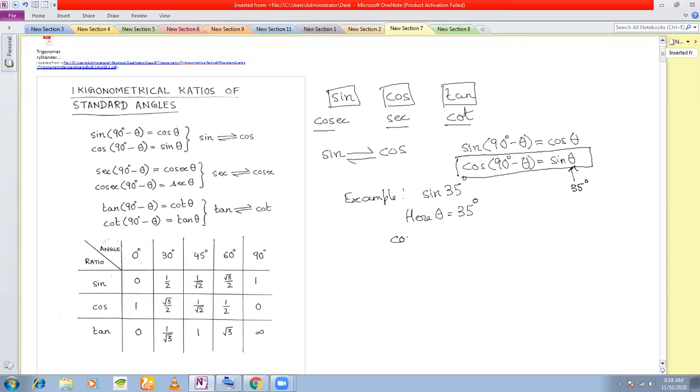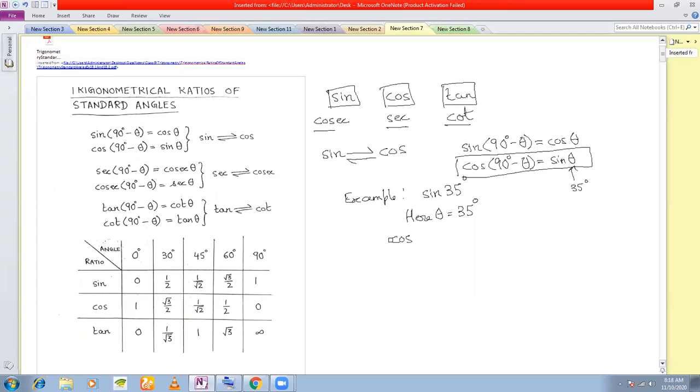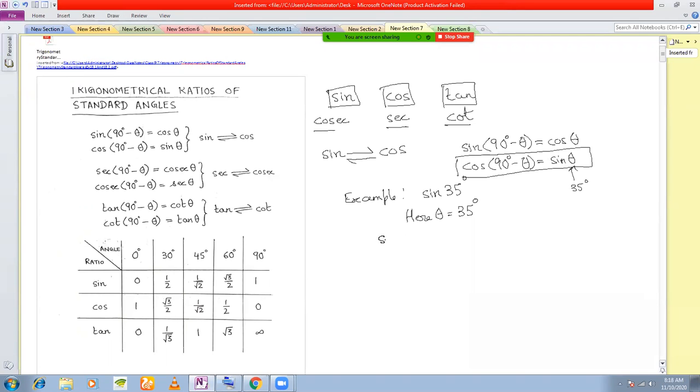And what about cos? How can I write this? That means sine theta, therefore sine 35 degree, which is theta, is equal to, if it changes to cos, what we are going to do here is change this sine to cos.